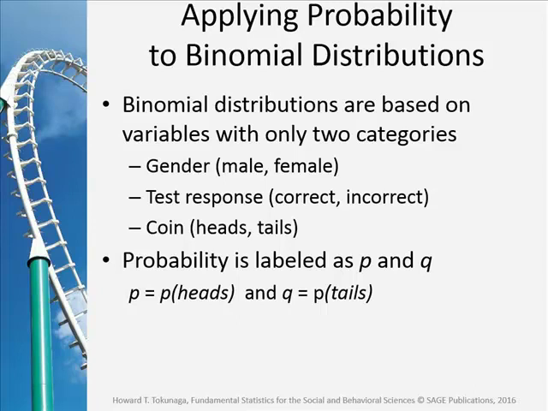The probability of an event happening can be labeled as a P and a Q. This is not where the expression mind your P's and Q's comes from. So we can have one outcome that's a head, and a second outcome that is tails.